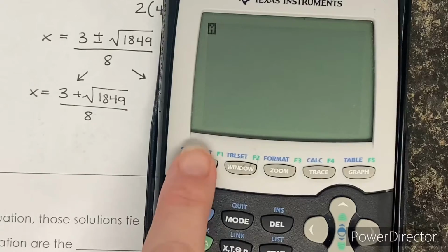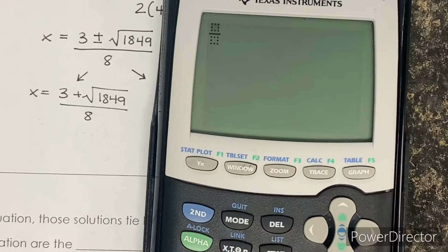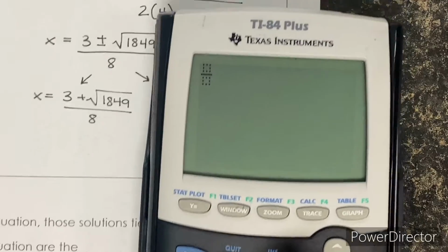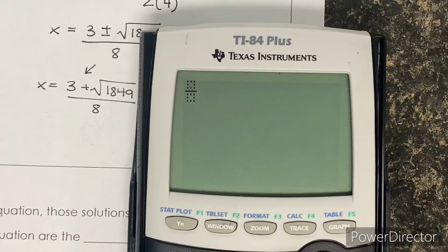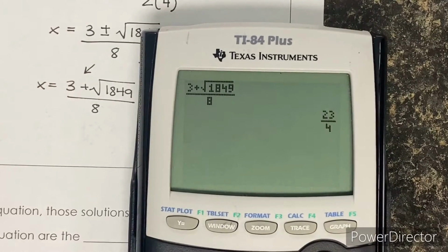You hit alpha y equals, and this gives you your fraction menu. If you just click enter, it gives you that little fraction. And then all you have to do is type in the fraction exactly how you see it. So 3 plus the square root of 1849 over 8, and then click enter.